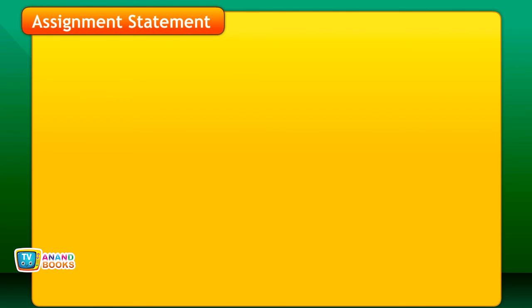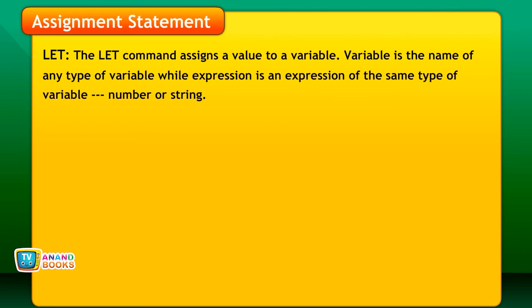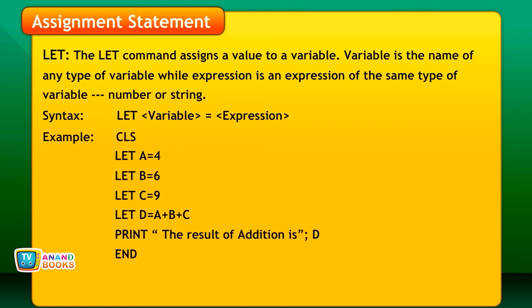Assignment statement. LET. The LET command assigns a value to a variable. Variable is the name of any type of variable, while expression is an expression of the same type as the variable, number or string. Syntax. LET variable equals expression.